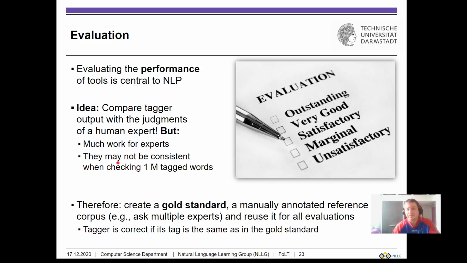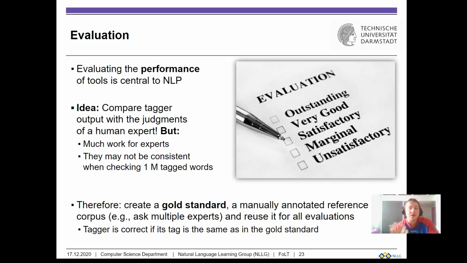And also, humans may not be consistent when tagging 1 million words because they get tired, because they forget about their past decisions. And also, even if one human is entirely perfect in this sense, so if it's entirely self-consistent, the human may not be consistent with other humans.